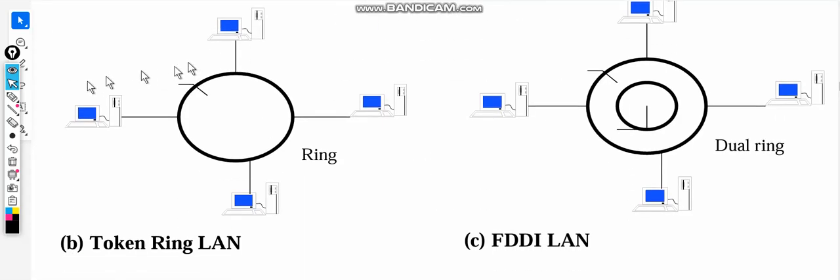Flowing in opposite directions means, see, in one ring the communication is happening like this, as the arrow marks show. In the center ring, the communication is in the anti-clockwise direction, and in the top ring the communication is in the clockwise direction.